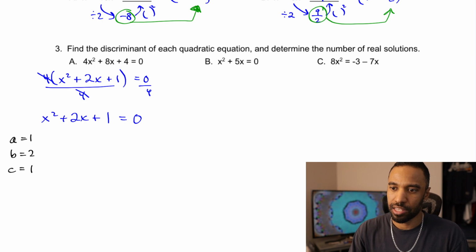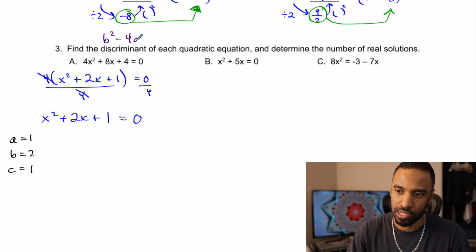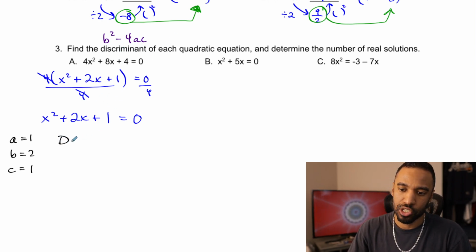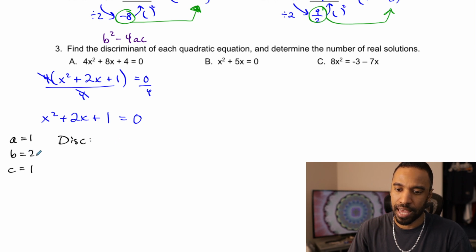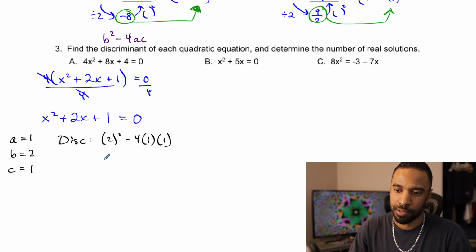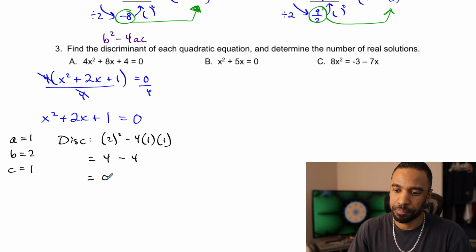The discriminant in the quadratic formula is b squared minus 4ac. This is the part that I'm going to do right now. So evaluating that discriminant, b is 2, so b squared minus 4ac is 4 minus 4, which is 0.